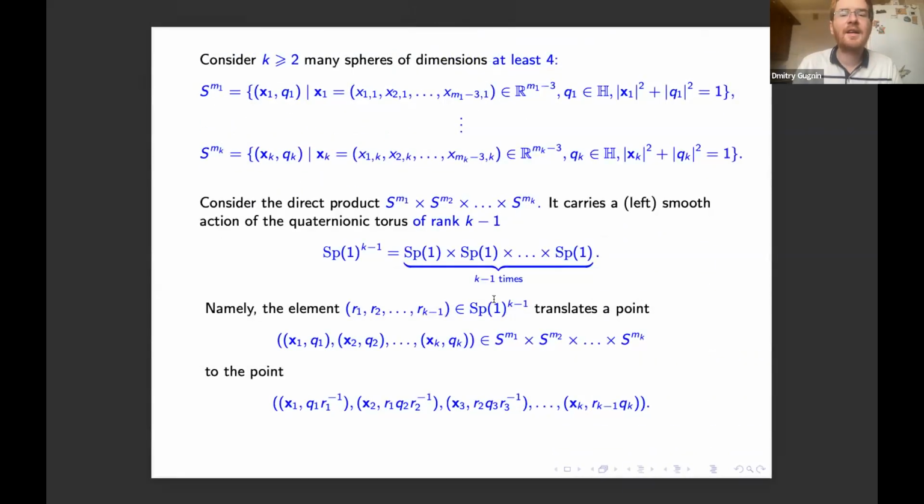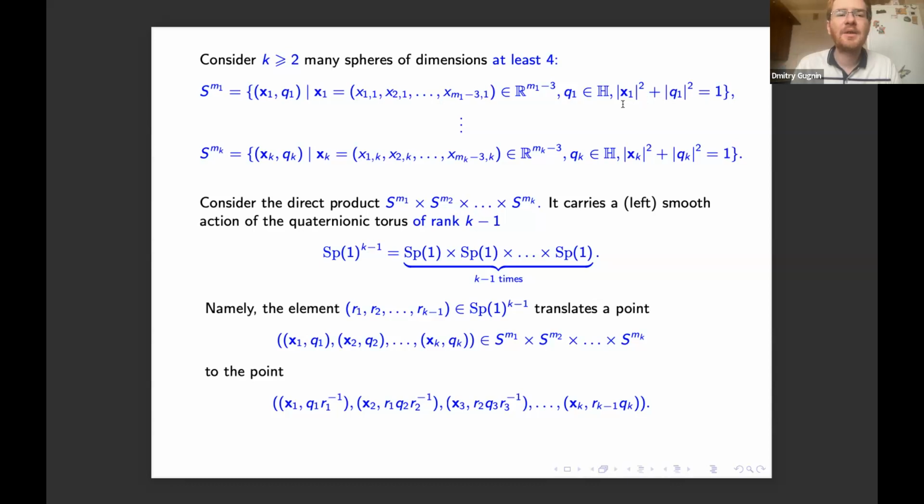Okay. And the quaternionic analog. You have k spheres of dimension at least 4, and again we write them as x_i and q_i, where q_i are quaternions, subject to this relation.